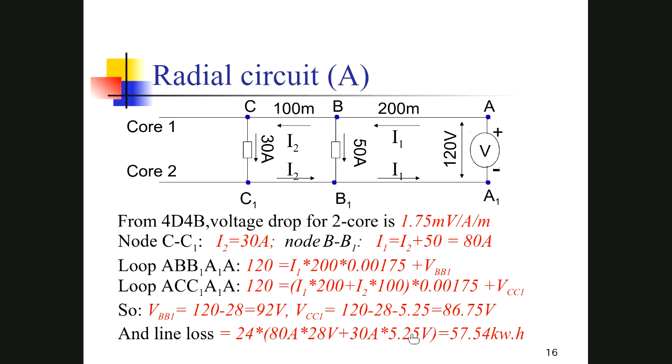Okay, so this is the equivalent circuit that we draw here. This is the source, which is 120 volts. It has two conductors, conductor 1 or core 1 and core 2. They are in one cable, a two-core cable. So the source is 120 volts.